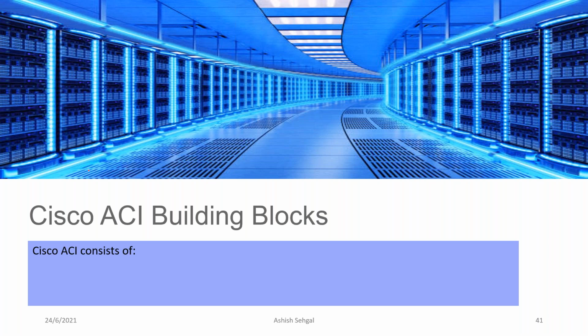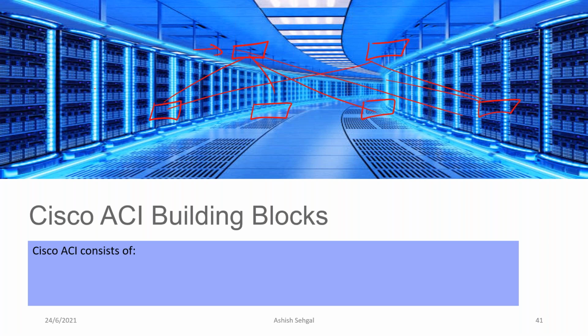This is Cisco ACI building blocks, which means that over here we are going to understand what the various components are. In fact, yesterday we had a glimpse of it. Today it is kind of a recap. Yesterday we discussed that in Cisco ACI we are going to have the switches known as leaf and spine switches, which will be connected in a redundant topology form.